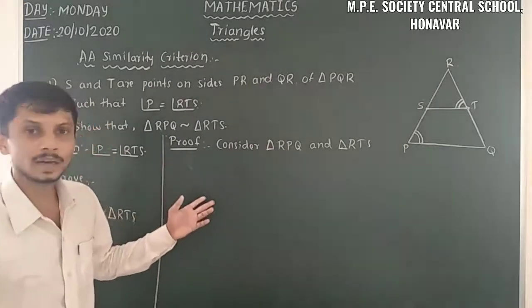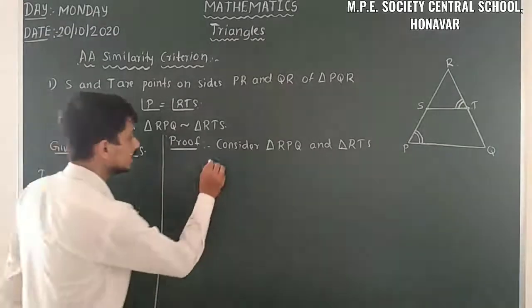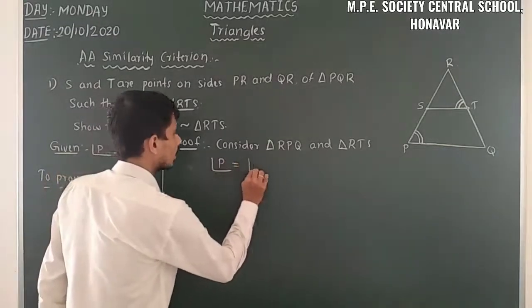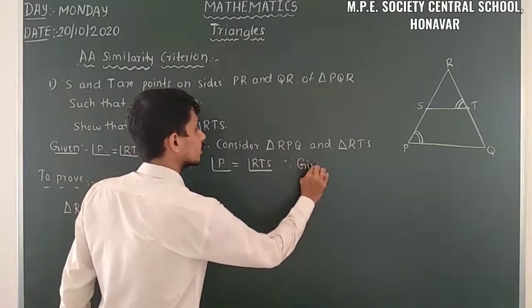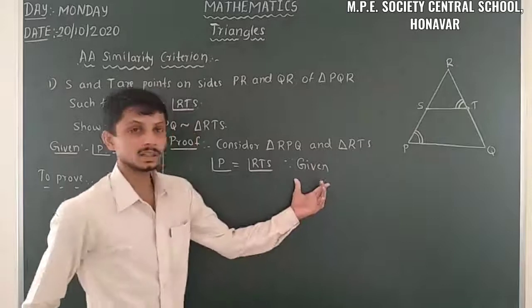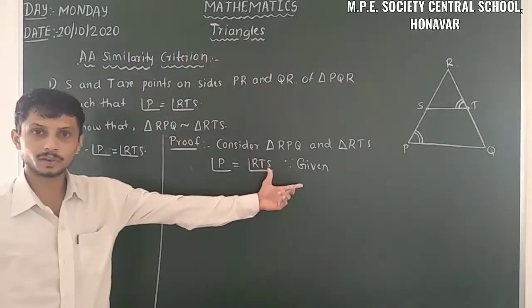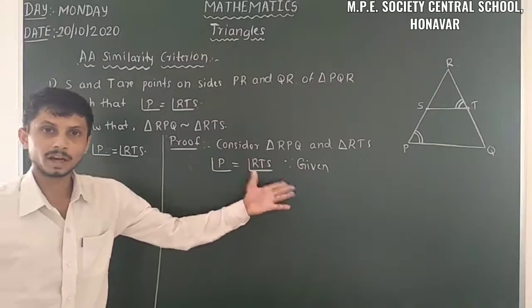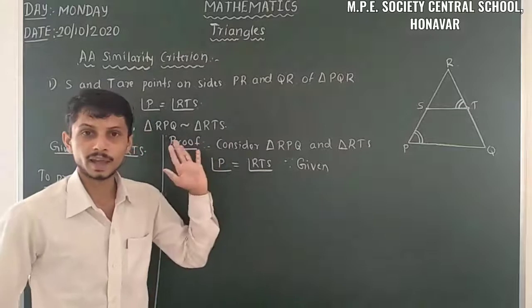What equalities do we have? Firstly, one angle is given: angle P is equal to angle RTS because it is given. When we write given here, you have to write it in the given part only, then only it is valid. So here angle P is equal to angle RTS.